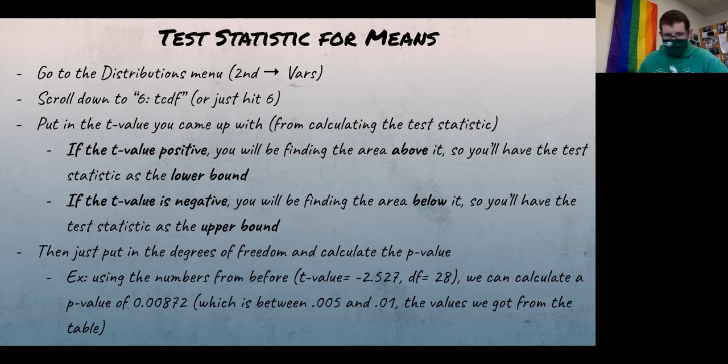And the number I got was 0.0039. And this is good. This confirms what we did on the table B, because what we were able to say is that it was going to be between 0.0025 and 0.005, and that falls between it.